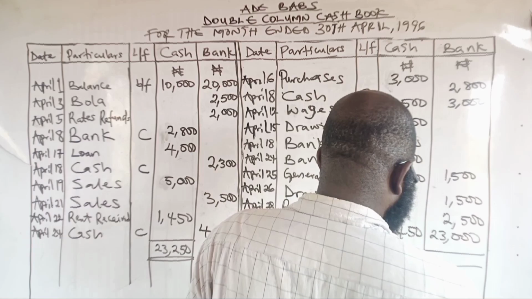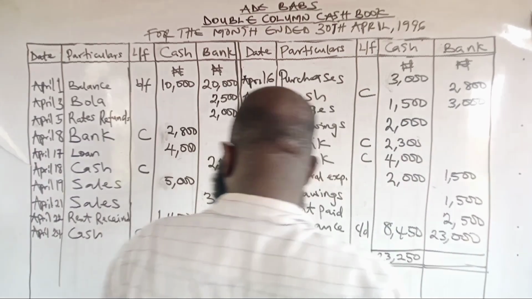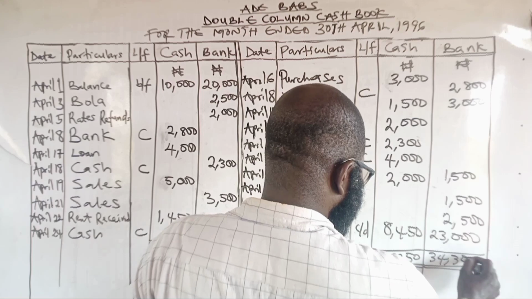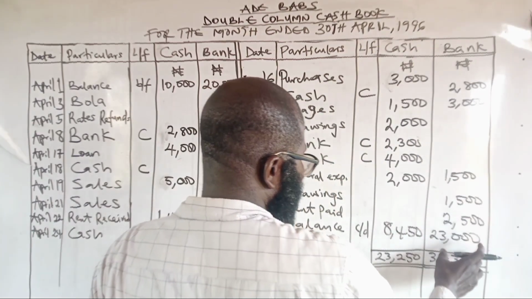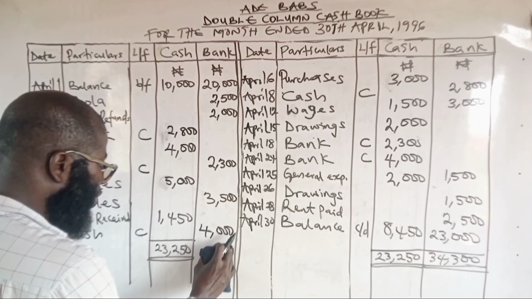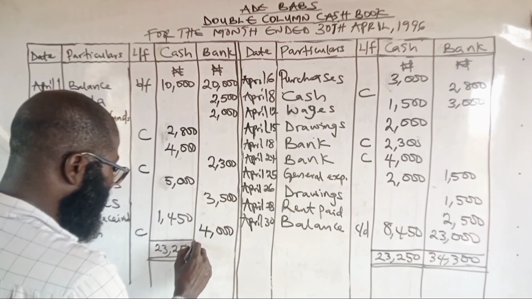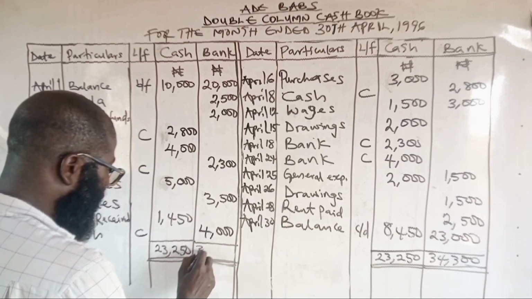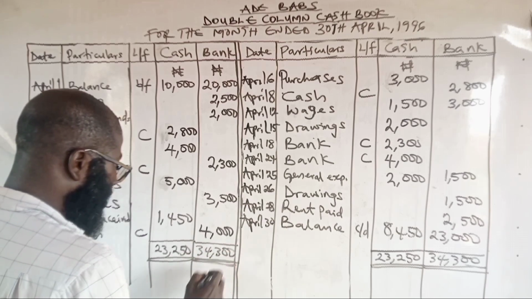Then you can now balance it. What we are having here, 34,300. If you add everything together, you are going to get 34,300. Then you come to this side, you write 34,300 naira.